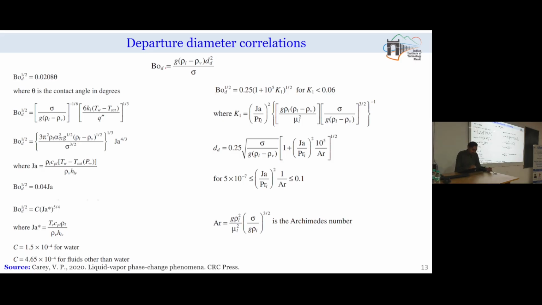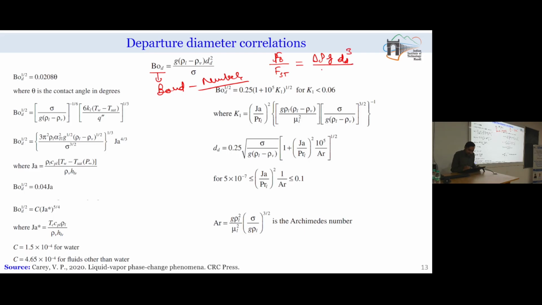Here we define one non-dimensional quantity, which is called the Bond number. The Bond number is equal to delta rho g divided by sigma. It is nothing but the ratio of the buoyancy force to the surface tension force, F_b by F_st. The buoyancy force will be equal to delta rho g times the volume, where d_d is the diameter of the bubble which is departing, so d_d cubed, because we have to determine volume.